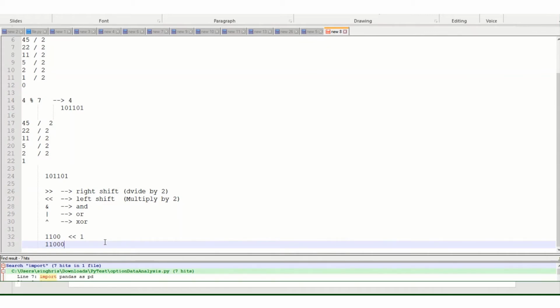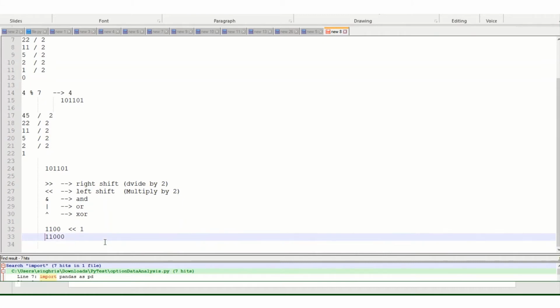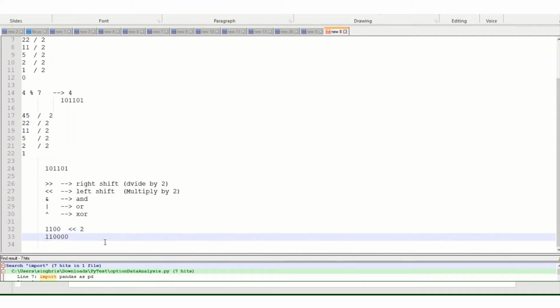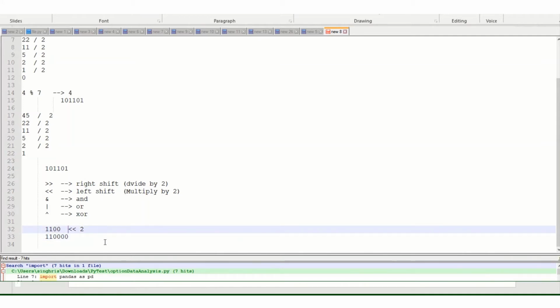Okay, and if you do this 2 times, then 2 zeros will be there. Actually 1100 is equivalent to 12. This is 12 in decimal number.